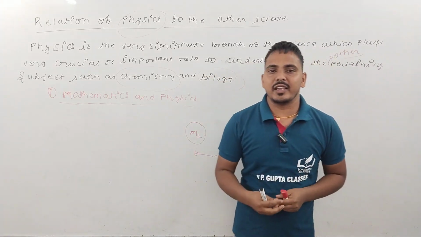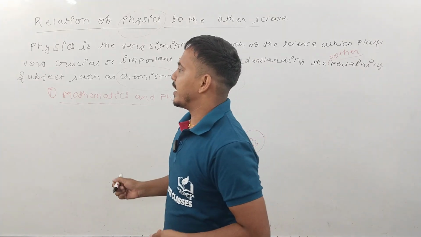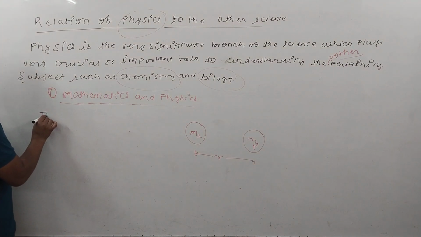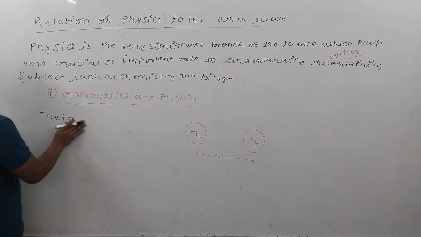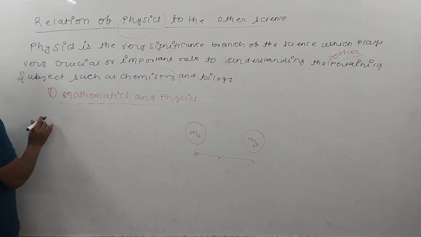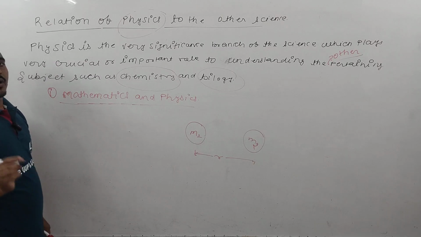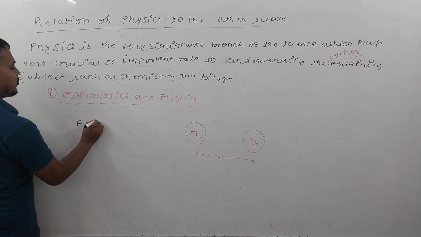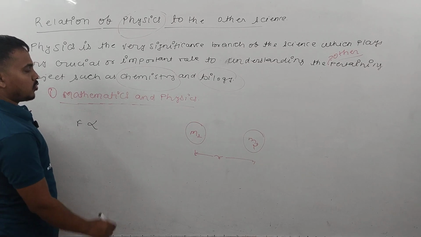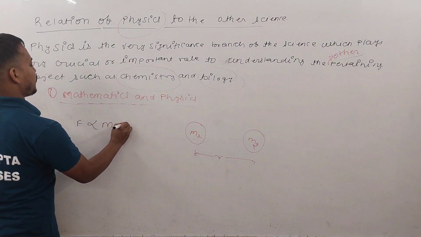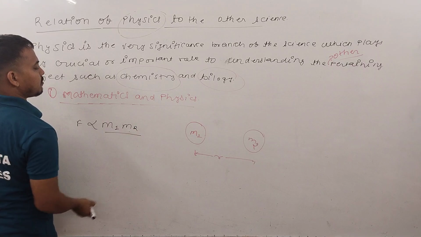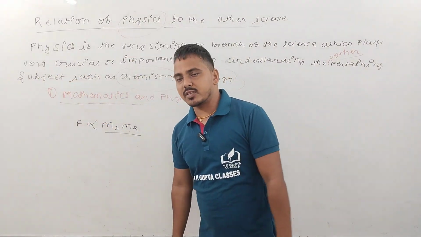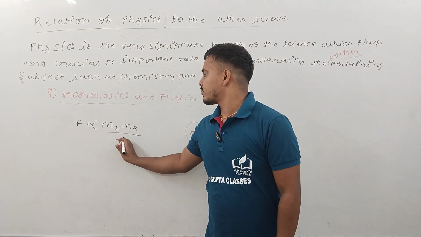As an example, according to Newton's law of gravitation, the force of attraction between two masses is directly proportional to the product of their masses and inversely proportional to the square of the distance between them.